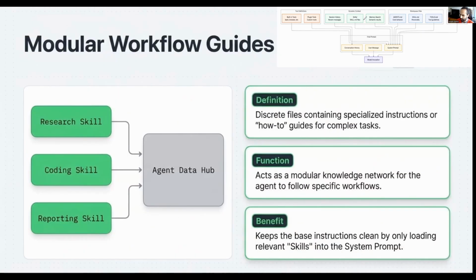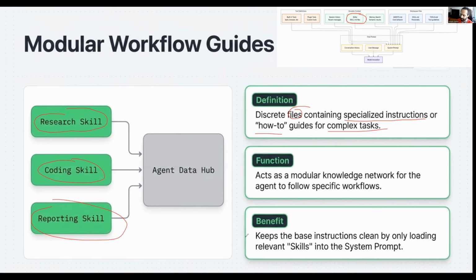The next block is the skills block, and these skills are nothing other than markdown files of specialized instructions for how to tackle complex tasks. We have separate files for different skills. As you see here, we can have a dedicated file for the research skill, another one for coding, and another one for reporting.